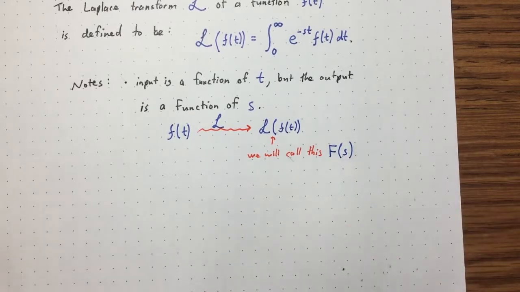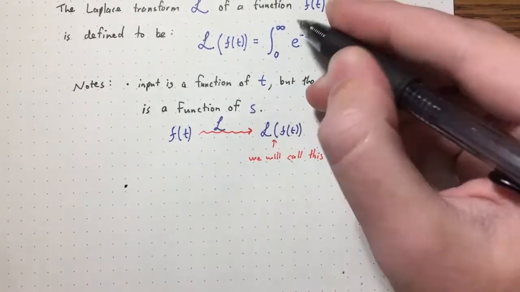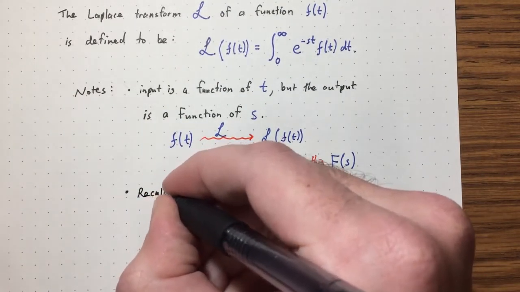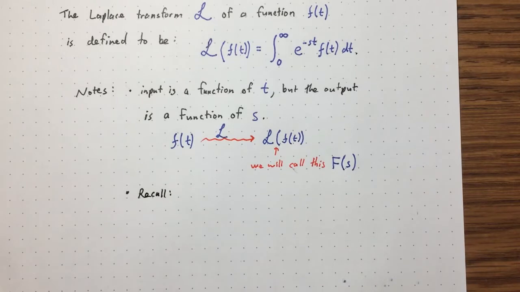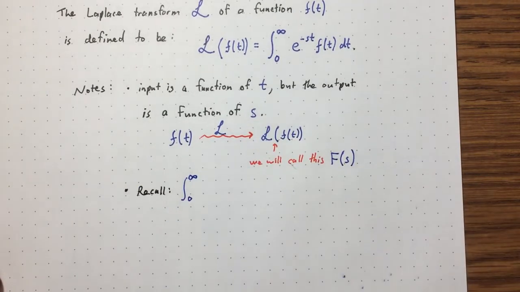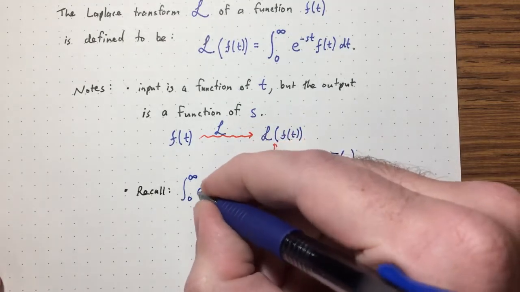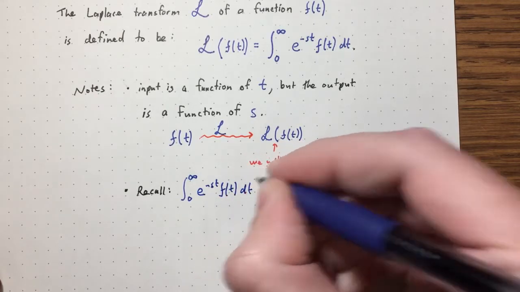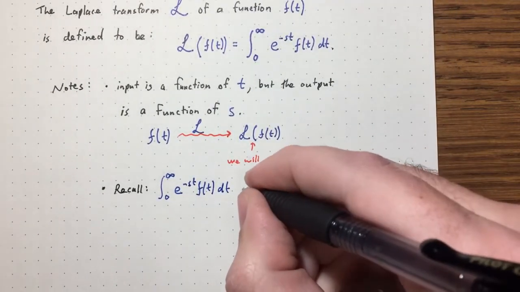What else do we note? I mentioned that upper limit of infinity. What does that mean? You probably saw this in your integral calculus course. If we have this integral with an upper limit of infinity, what does that actually mean?